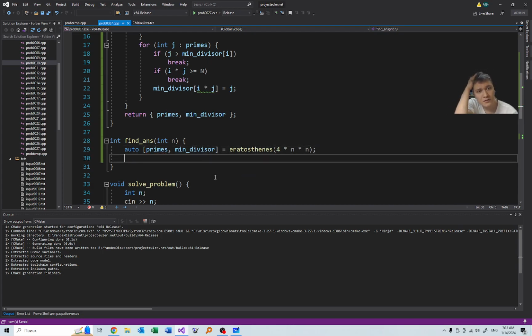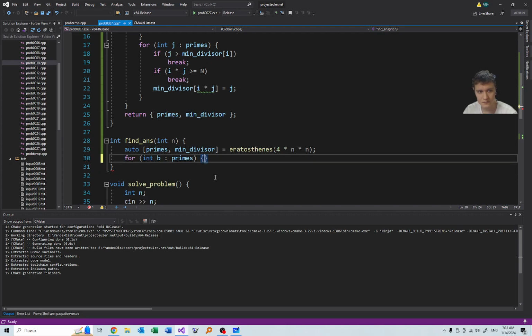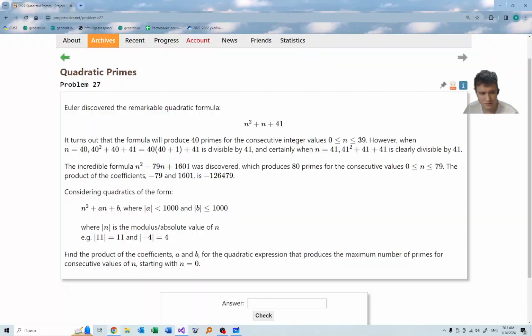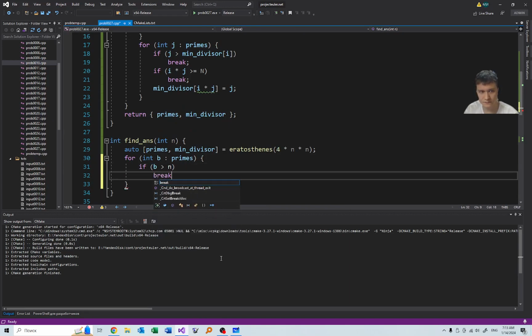Then we want to iterate over all primes. So this will be B. And here we say that if B is greater than n, we break.